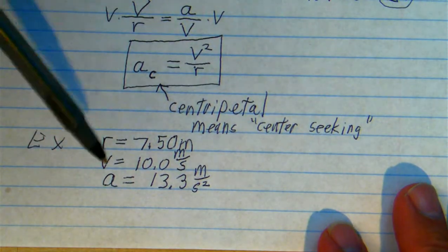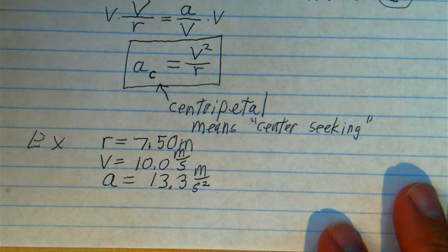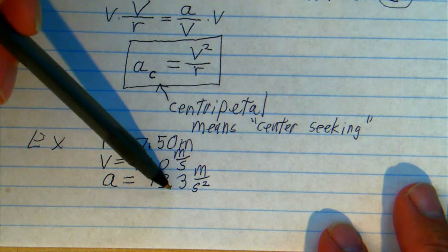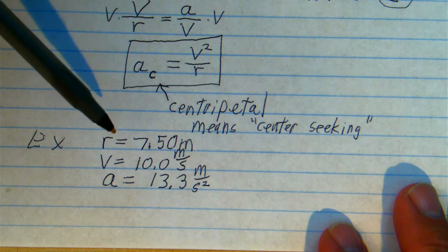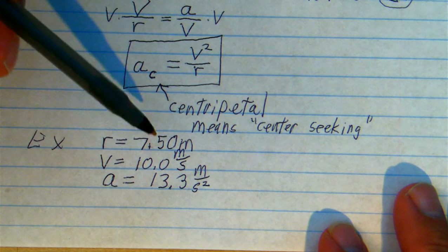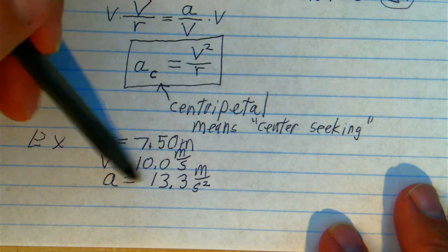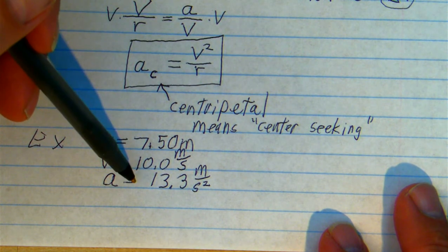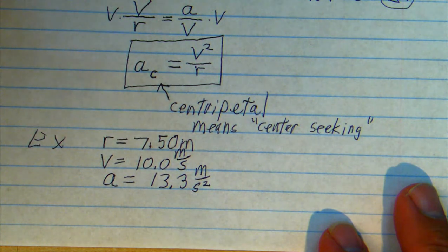In other words, your acceleration would be even greater than the acceleration due to Earth's gravity. So if we had a little object there and I were pulling on it with a string, the tension in the string would be even greater than the weight of the object at the end of the string.